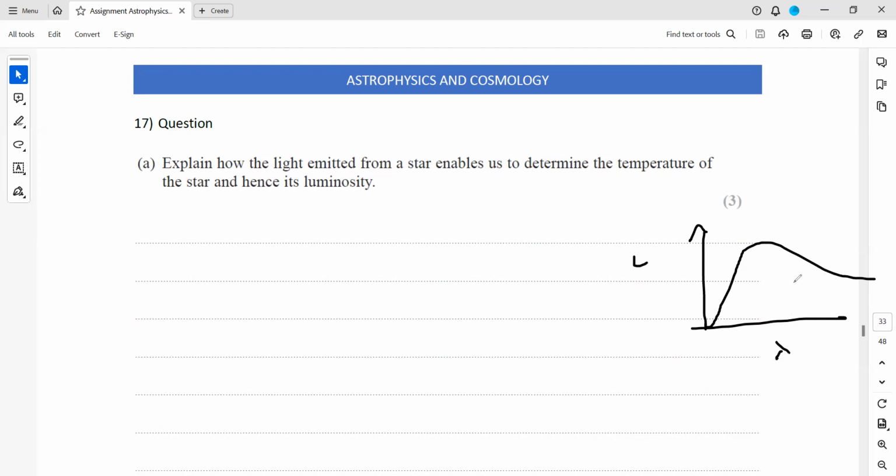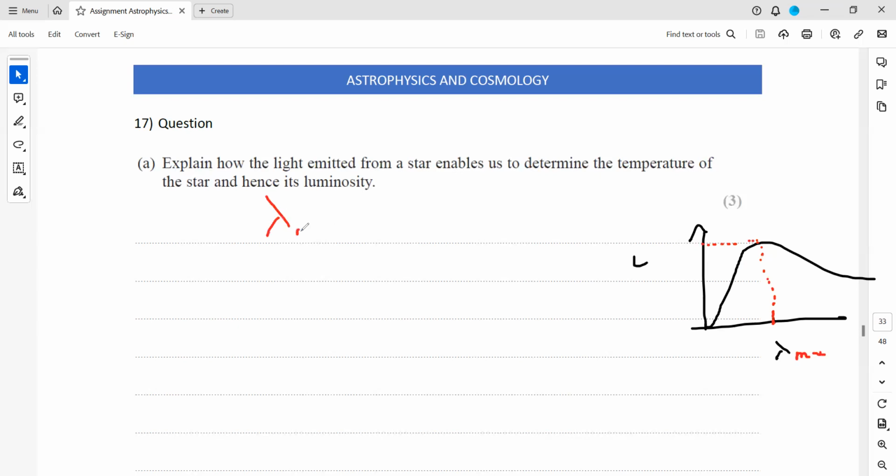Maximum wavelength does not mean the highest wavelength. We record the spectrum of this star, and different wavelengths will be there from the star. We'll work out at what wavelength the luminosity is a maximum. That is called lambda max.